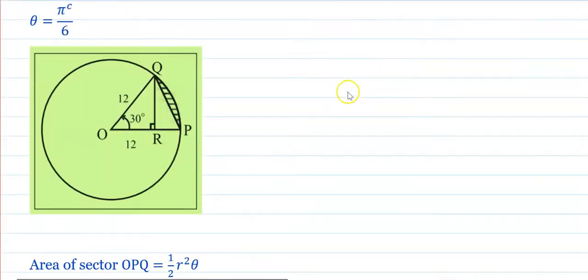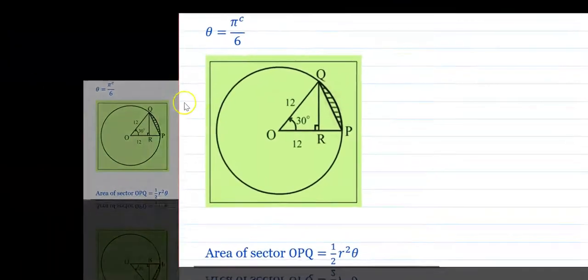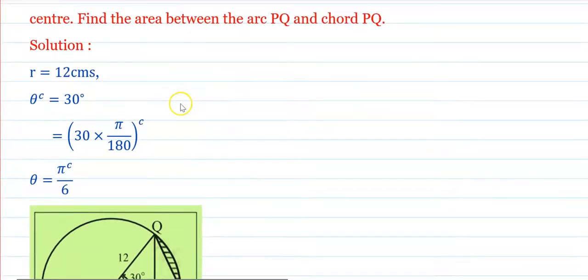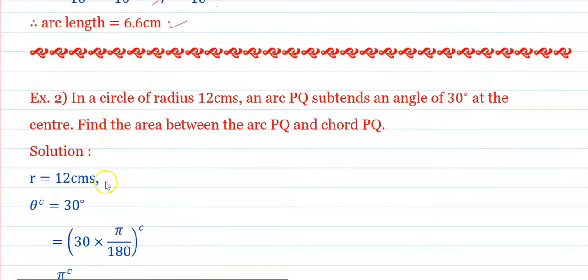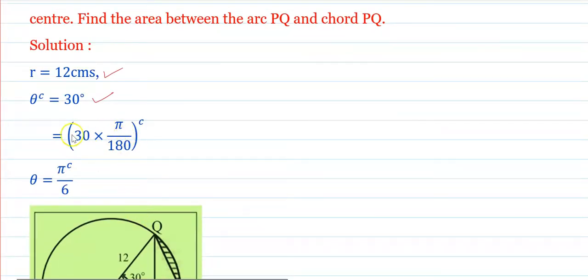In this way, you will have seen this type of example in 10th standard. Here r is equal to 12 centimeter, theta is equal to 30 degree. Therefore, we will find out theta in radian. That is 30 into pi upon 180 radian. And if we simplify, then you will get pi by 6 radian.